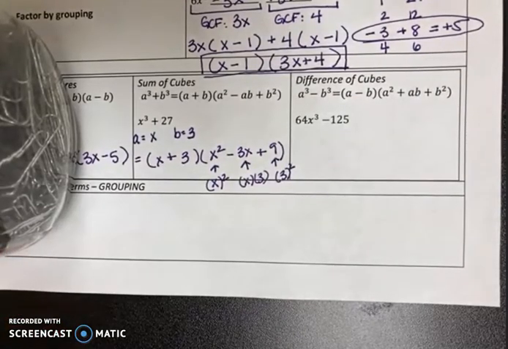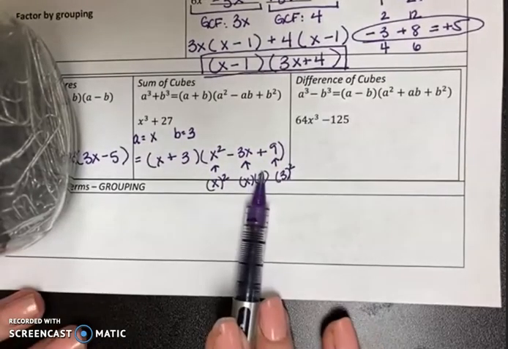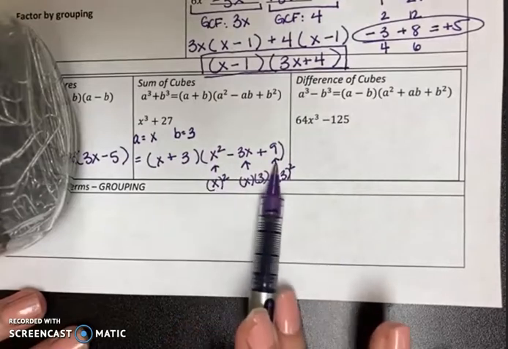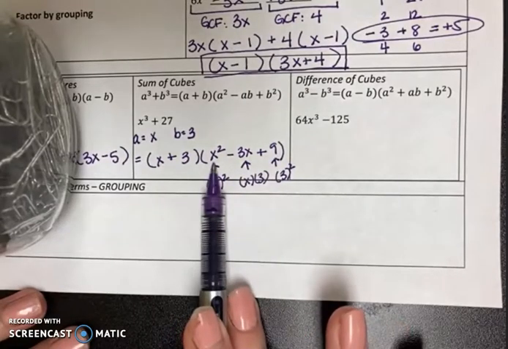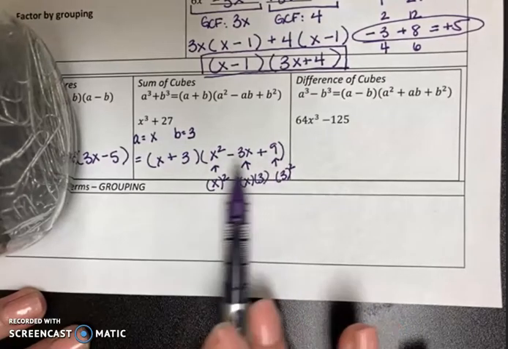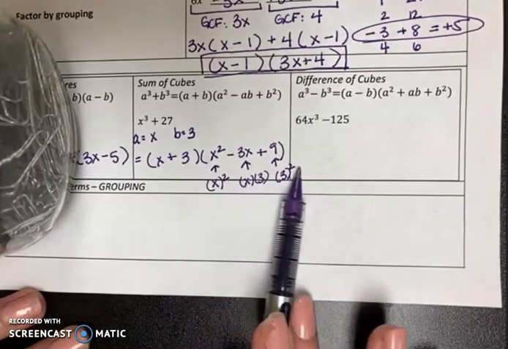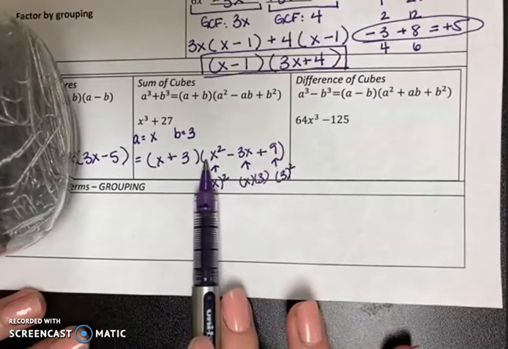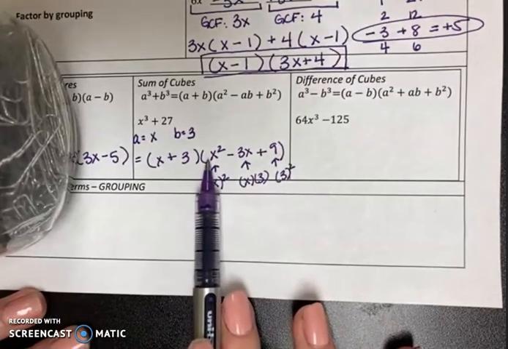Remember how I said in the past, always check and see if you can factor any further. So when I look here, this is a trinomial, so I have two different cases, remember? Case 1, which is where a is 1, and case 2, which is where a is not 1. So here I have a equals 1 because the leading coefficient is 1.